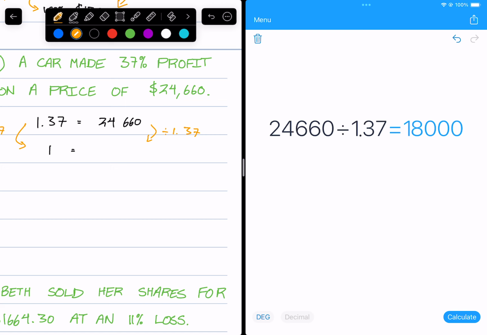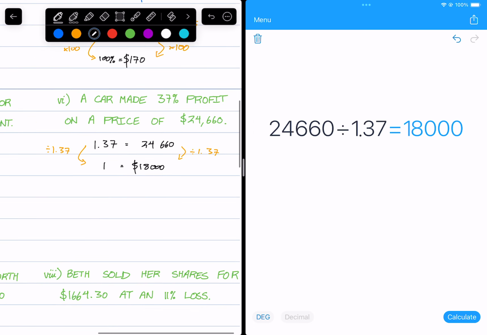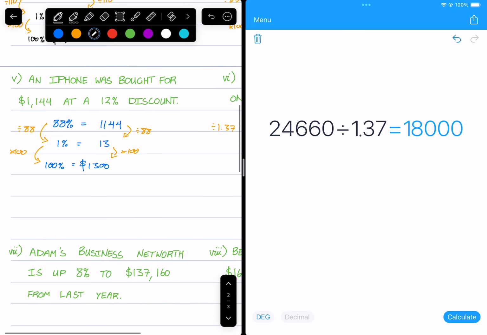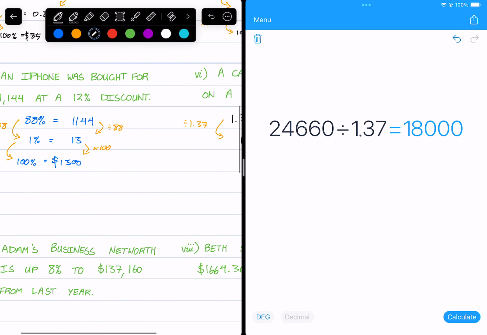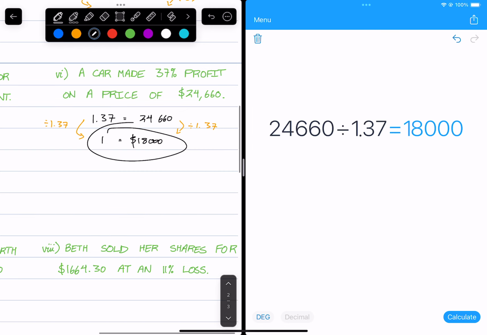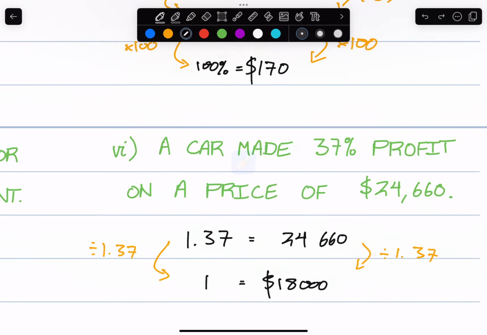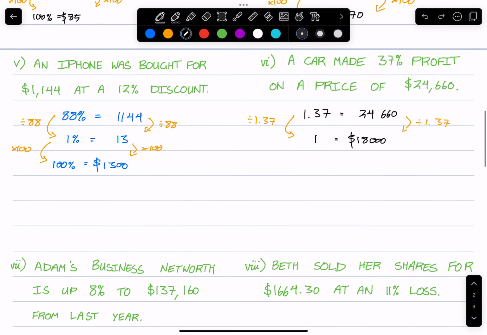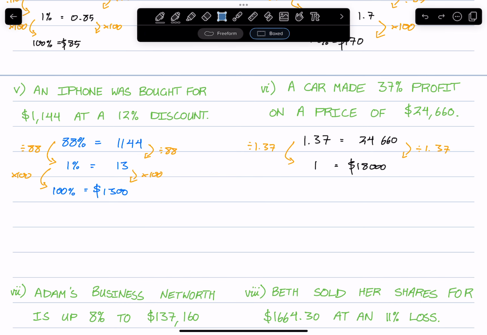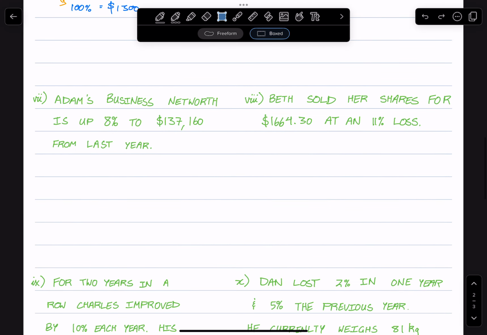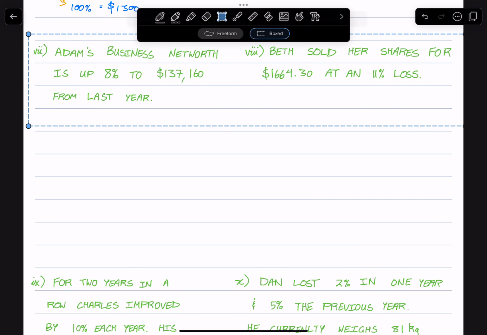That gives us the original value of 18,000. So the original value is 18,000. Now, if you had done the other method, finding the 1% first, you should definitely get the same amount here. Now remember, I'm just showing you these two different methods. Whichever you do, it will get the same result. So let's move on to the next example.